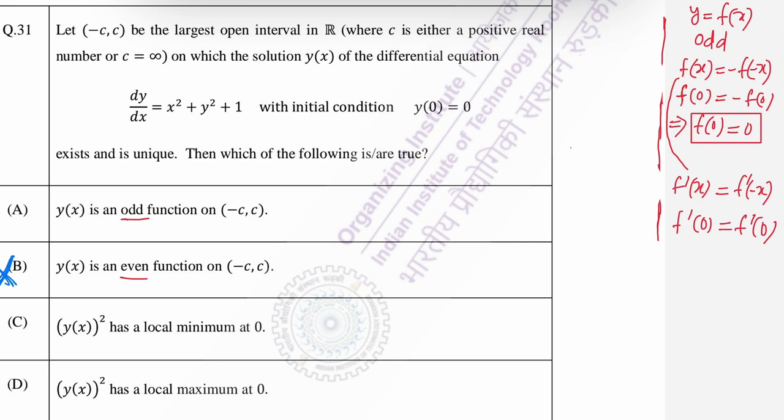Now I proceed assuming it to be odd, so it should satisfy other criteria. I have checked just for a point, that point is 0, x equals 0. But you know, on a function it is an infinite number of points.